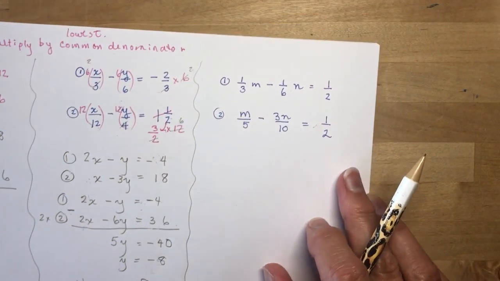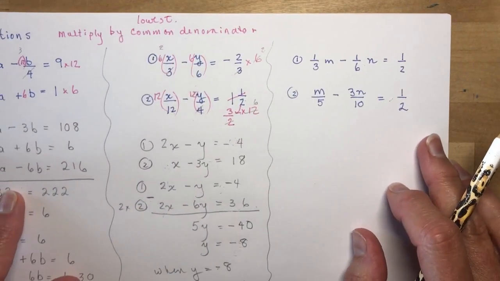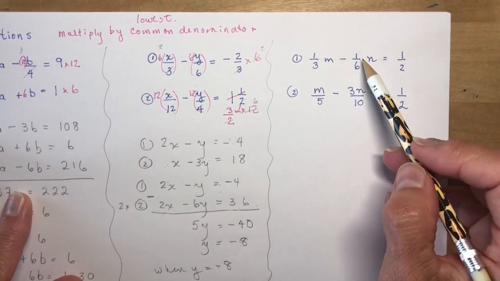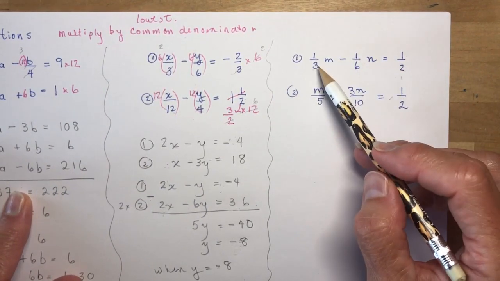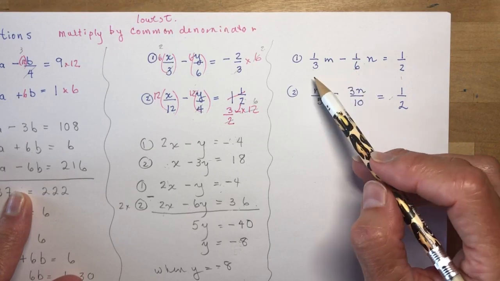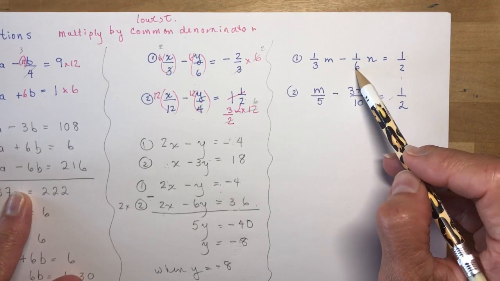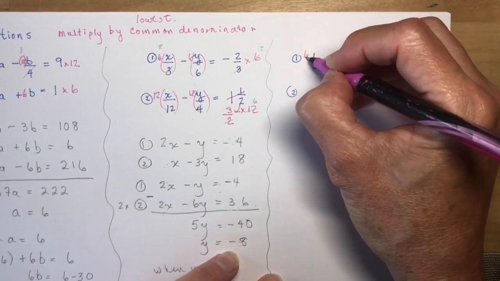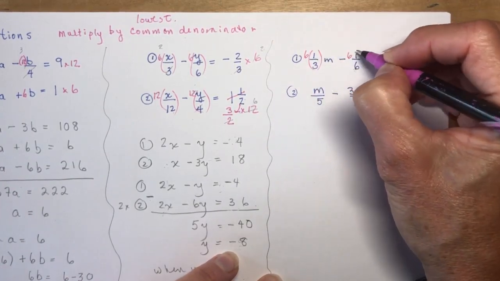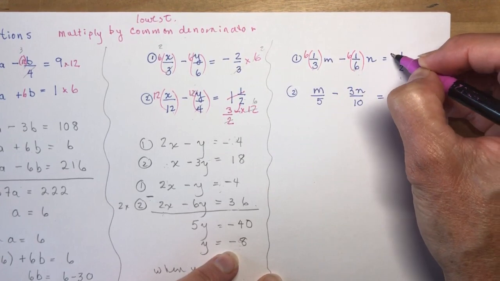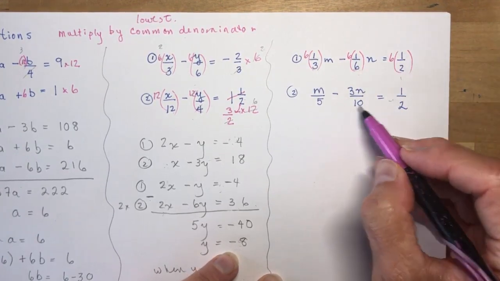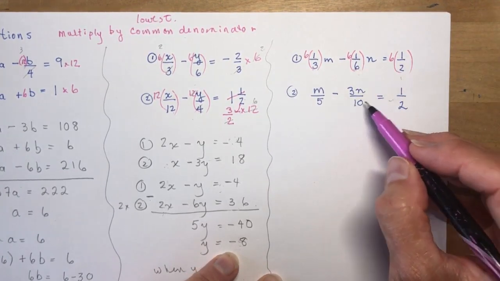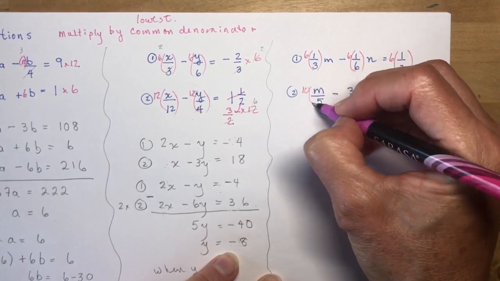Okay, and the last one here. Let's make sure we got it on the page. So I have 1/3, 1/6, and a half. So what should you multiply by here? Obviously, 6, right? I'm going to put a 6. And if I put a 6 here, and a 6 here, and this times 6, and this one, well, lowest common denominator is going to be 10.